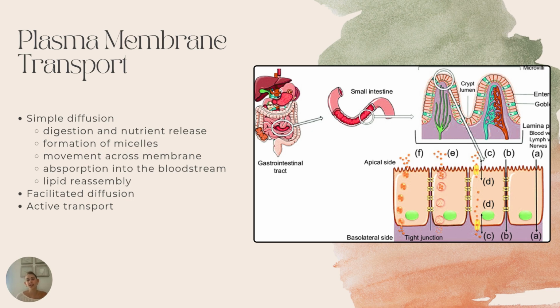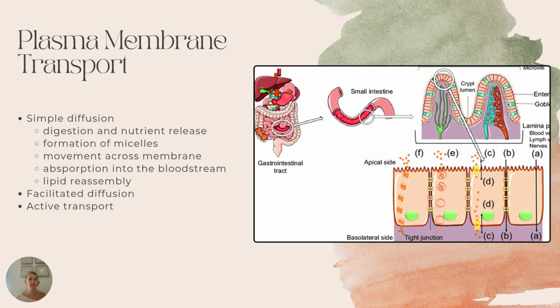The absorbed nutrients then enter the bloodstream through capillaries within the villi, where they are ready to be transported throughout our bodies. And then lastly, we have the lipid reassembly inside the intestinal cells. Fatty acids and monoglycerides are reassembled into triglycerides and packaged into chylomicrons, where they're then transported to the lymph systems.